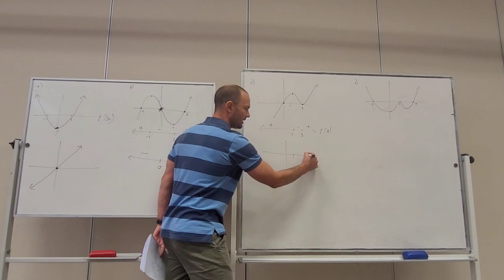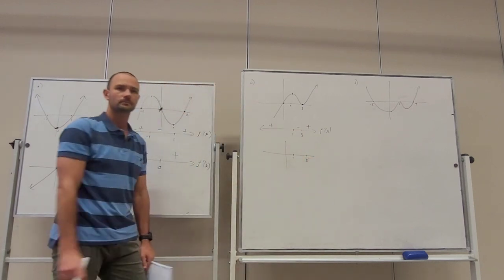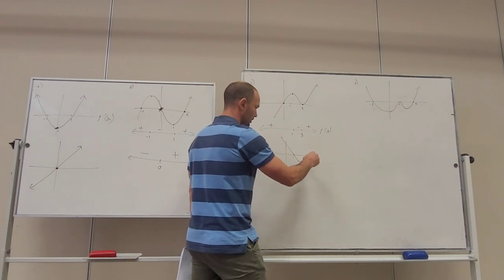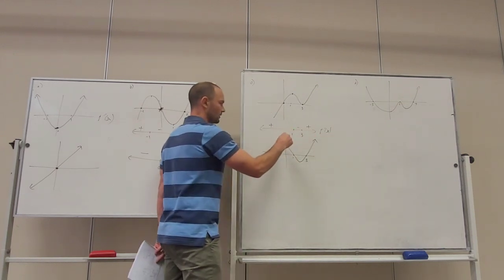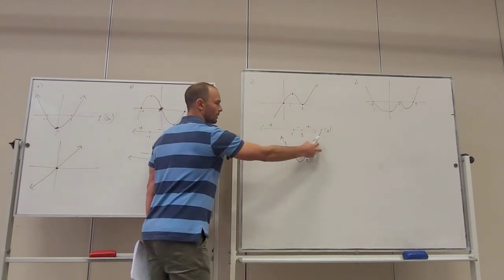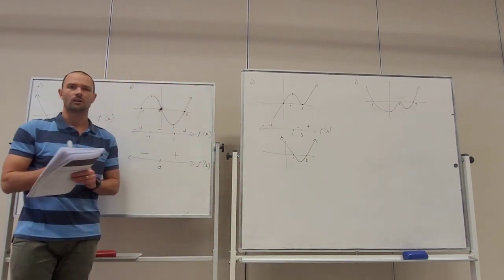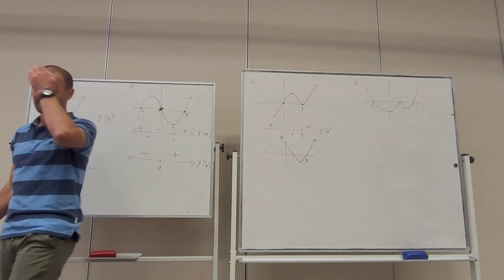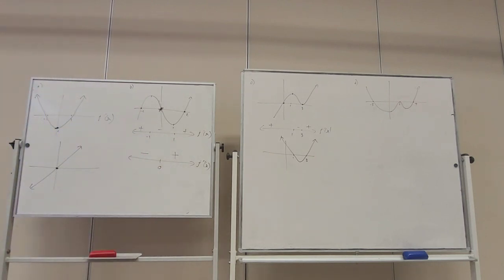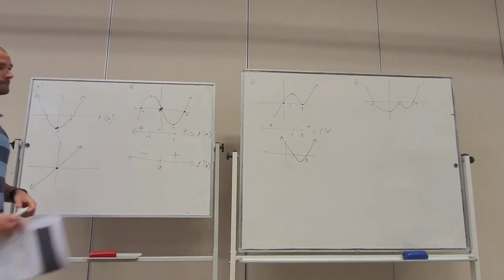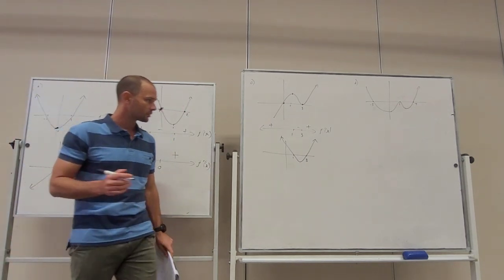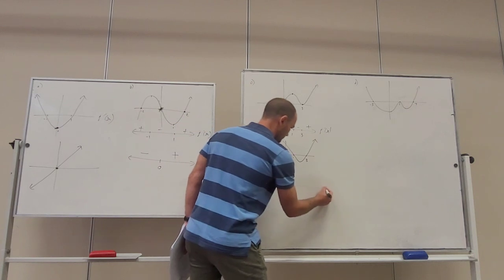It has a root at 1 and a root at 3, and it goes from above to below to above. Positive, negative, positive. Again, a cubic, differentiate it, goes to a quadratic. For the second derivative, let's draw its sign diagram.